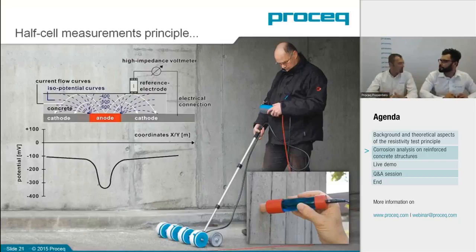So the key word is that you need to combine information from non-destructive testing and direct methods. Fantastic. And then we would get to the half-cell measurement principle, and then we can combine them together.